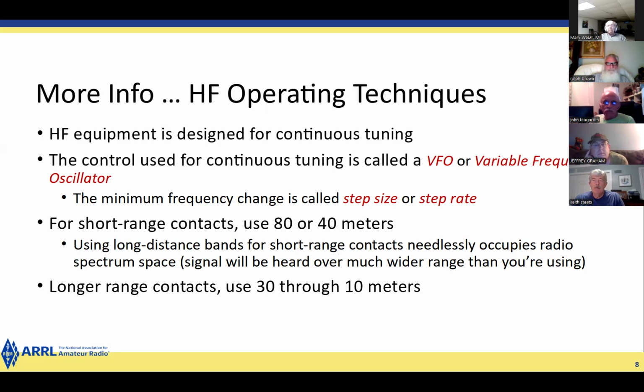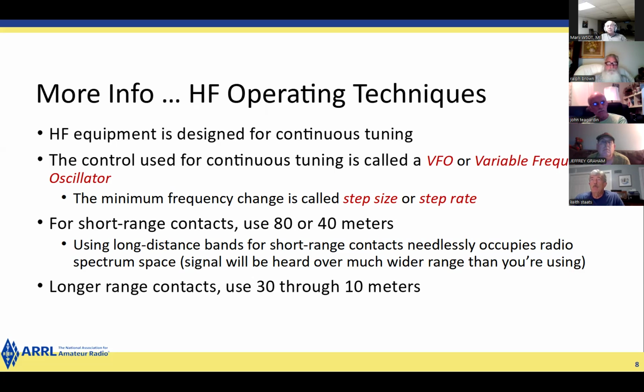If you're operating during the daytime in the United States, early in the morning, say where I am in Michigan, I'm not going to be doing too much on 10 meters. After the morning, I'm going to be looking for 20 meters or 40 meters.